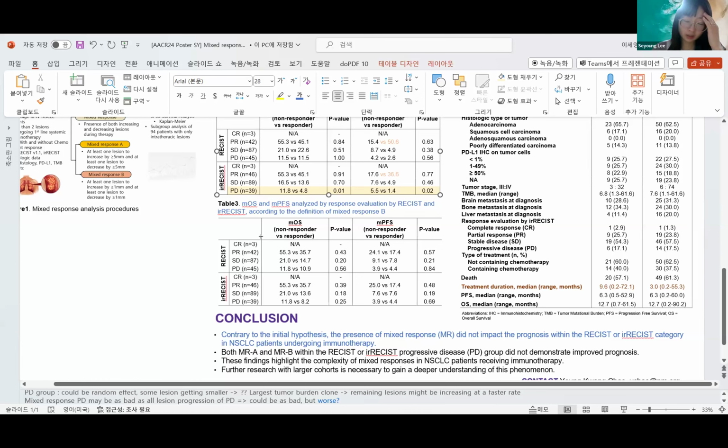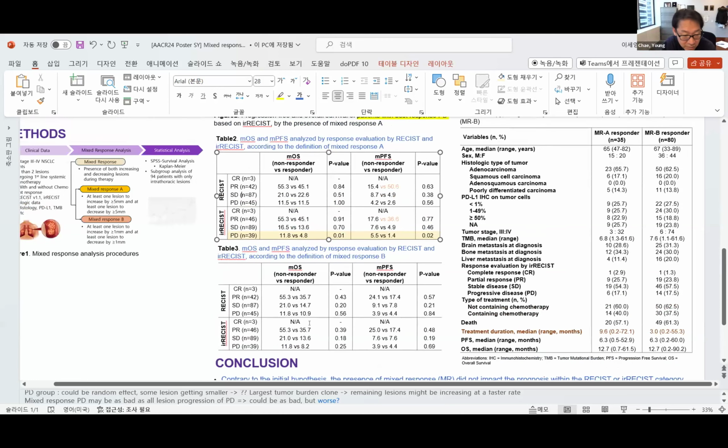I can't recall perfectly right now, but there was something about CR that it couldn't be statistically made, but I can check and do it. Tell me when you find out.